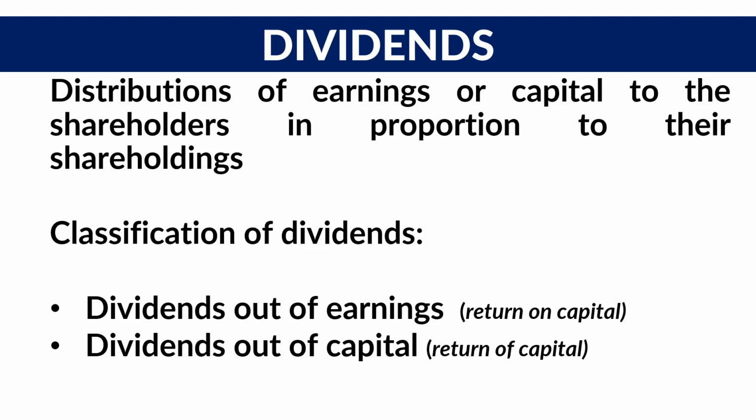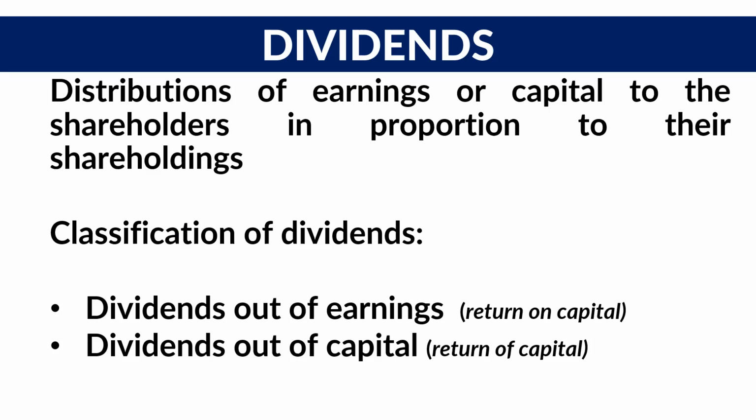One is dividends out of earnings, what we call return on capital. This is really a profit distribution of the corporation, because the shareholders earn income, the fruits of their capital, the fruits of their investment. Whereas the other one is dividends out of capital. This is a return of capital.